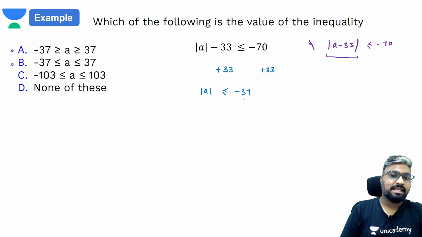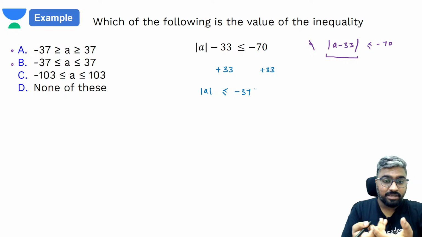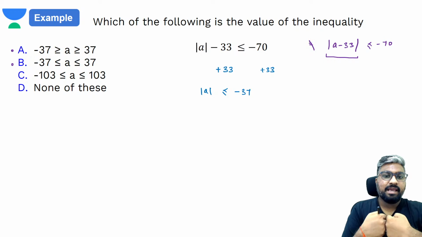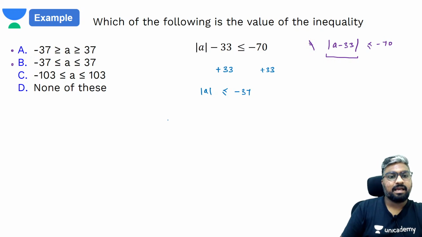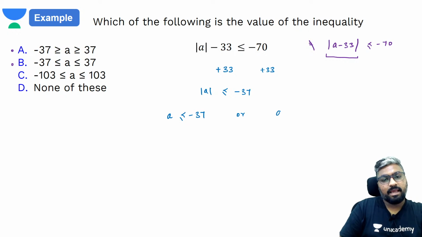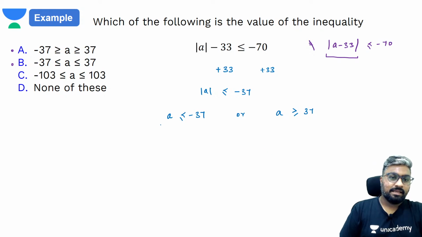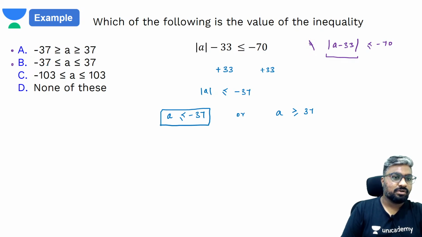Modulus a should be less than or equal to minus 37. Only possibility is a being minus 37. Yes, look carefully what happens here: a less than or equal to minus 37 and a greater than or equal to minus of minus 37, that is, 37. Here a's value comes out less than minus 37, which doesn't satisfy anywhere, and here a's value comes out greater than 37.